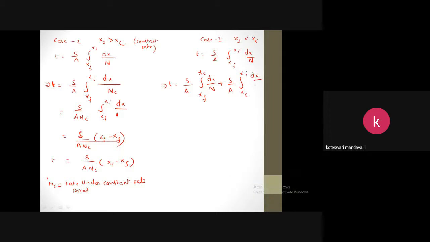So what I am doing, just I am dividing this integral into two parts. That means up to xc, then xc.